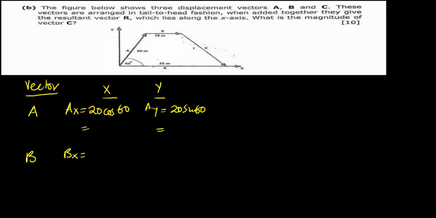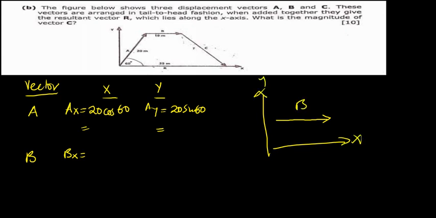Look, this vector just lies straight. When you have a vector which is parallel to the x-axis, what angle does it make with the x-axis? The x-axis is like this, and the vector B also goes in that direction.